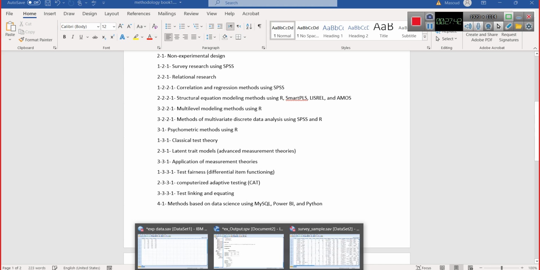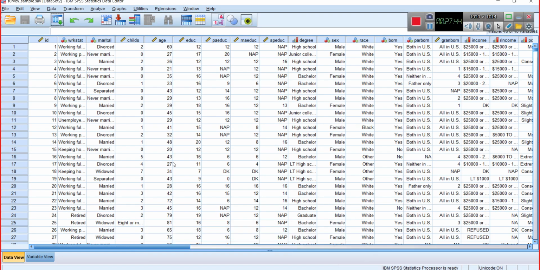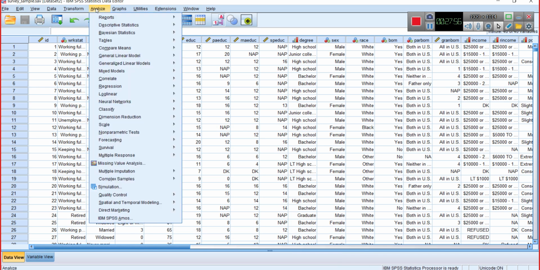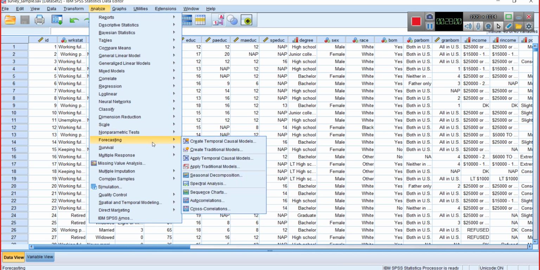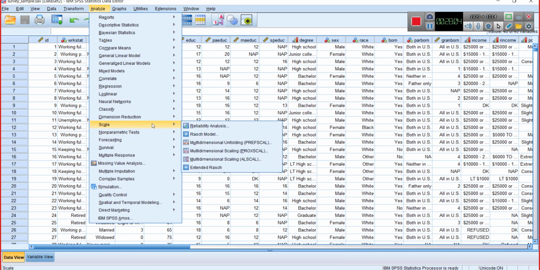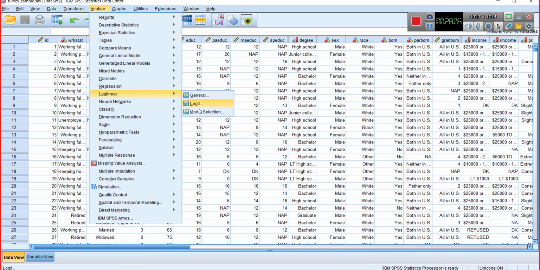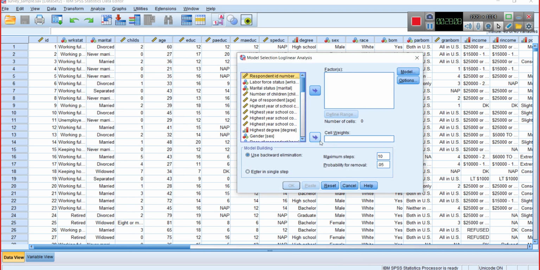For example, referring to the survey sample data set that is available in SPSS, you may want to investigate the relationship of some discrete variables.